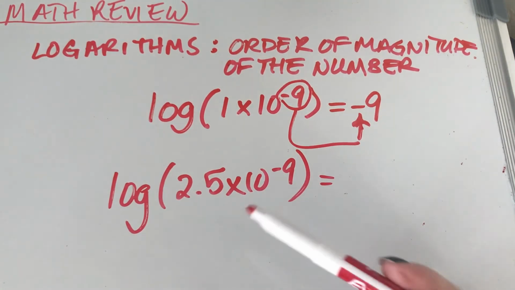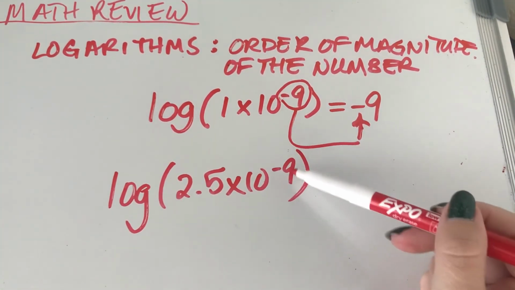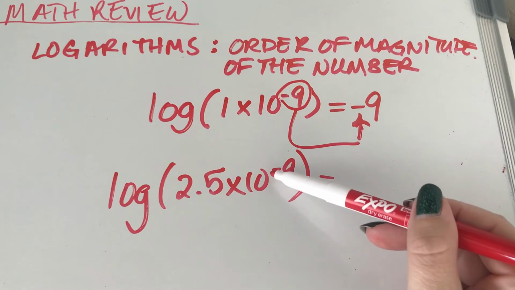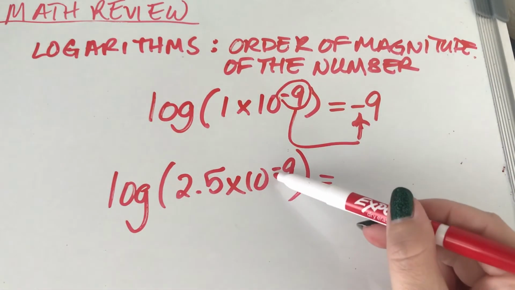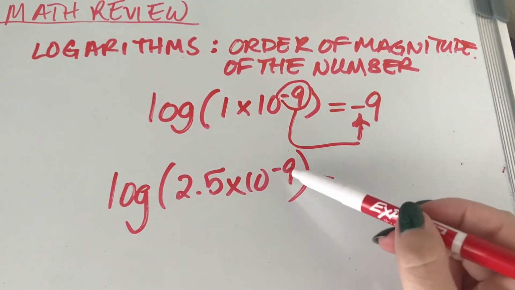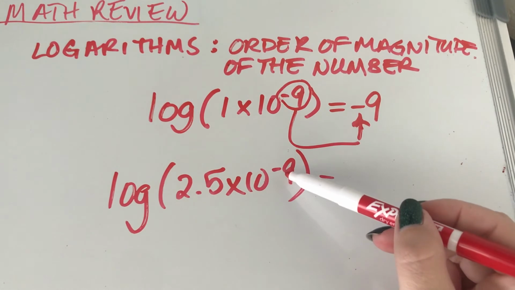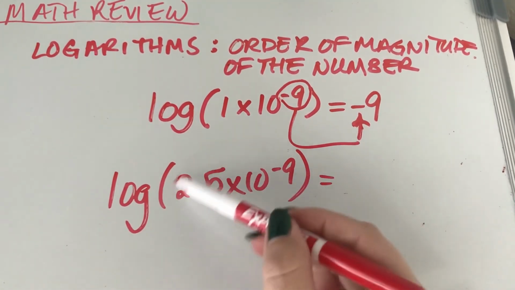If somebody does this in the calculator, what I'm going to walk you through is that I know the number I get is going to be negative because my exponent here is negative. I also know that it's going to be around 9. It's probably going to be 8 something because it's going to be a little bit less than 9.